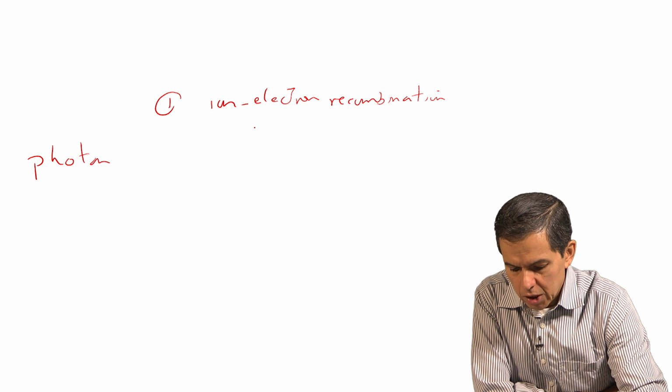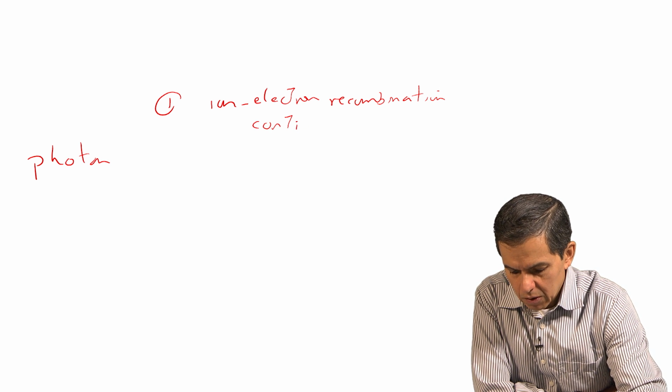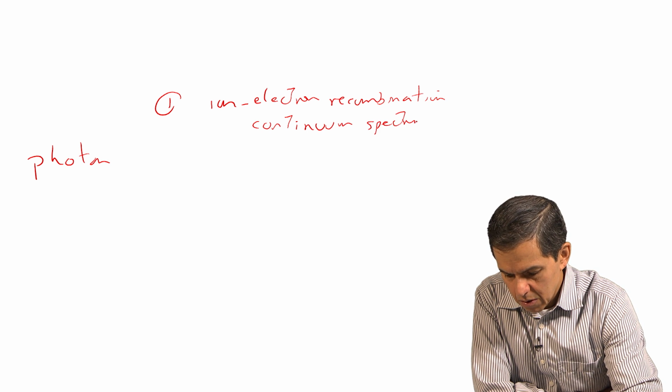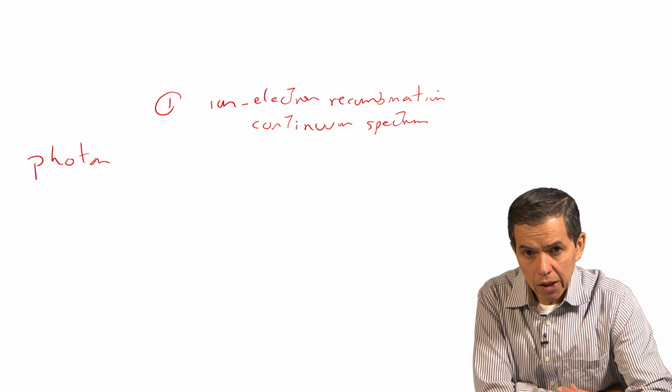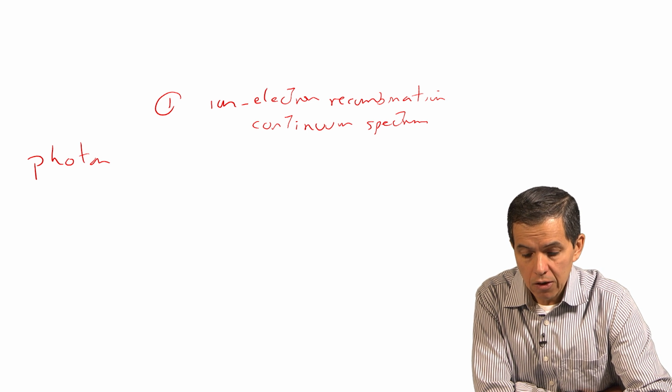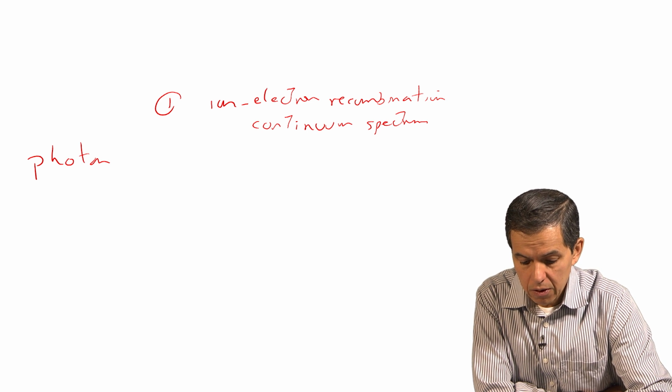They provide a continuum spectrum. Hence, one can imagine that the white appearance of the plasma is due to this continuum spectrum.